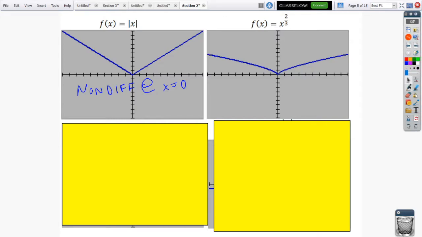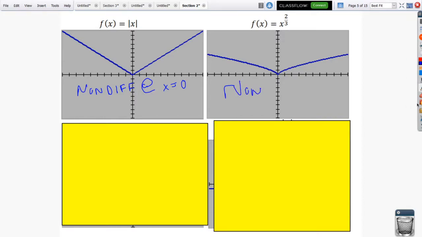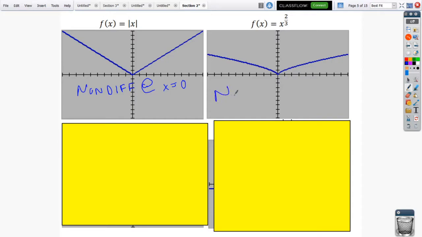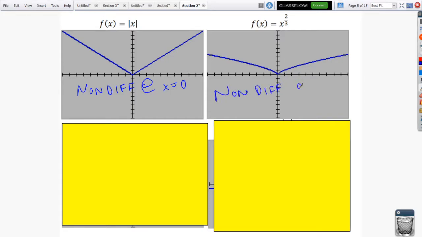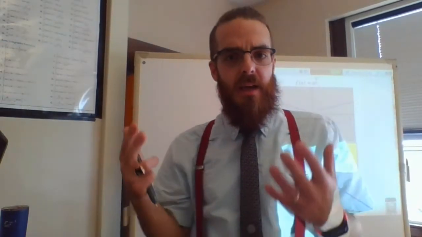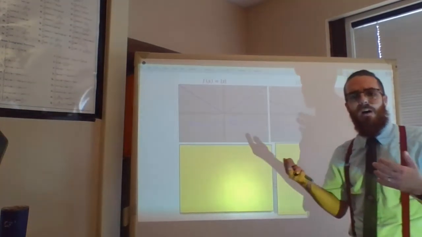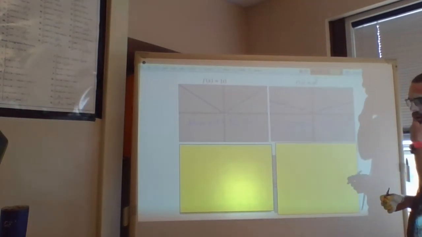But just like in the previous problem, this is going to be non-differentiable at x equals 0. And just like in the previous example, it is differentiable everywhere other than x equals 0.